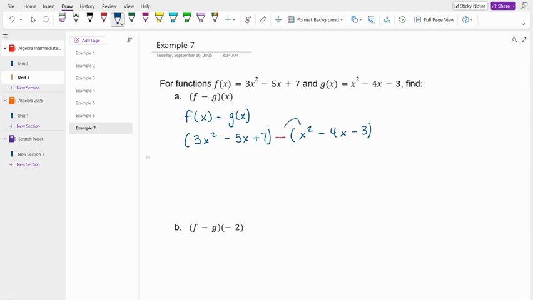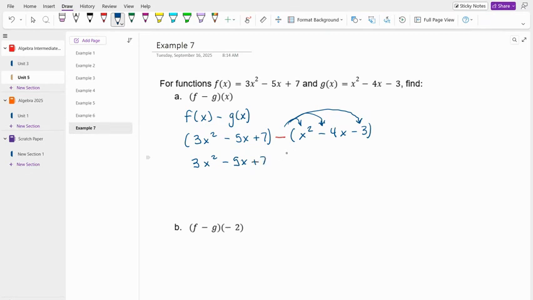This minus sign is going to get distributed to all of the terms on the inside of that parenthesis, changing their signs. So we're going to get rid of the parentheses. 3x squared minus 5x plus 7.